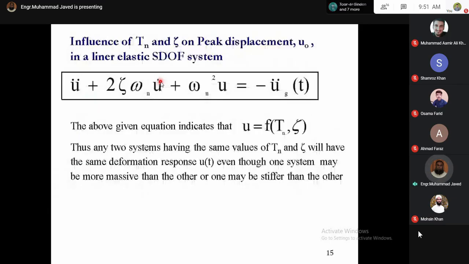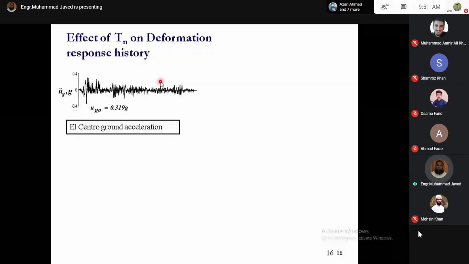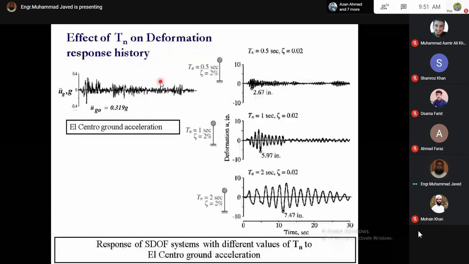For that purpose, what we have done, we applied El Centro 1940 ground motion to three single degree of freedom systems. All have a damping ratio of 2%. The first one had a time period of 0.5 seconds, the second one a time period of 1 second, and the third one a time period of 2 seconds.